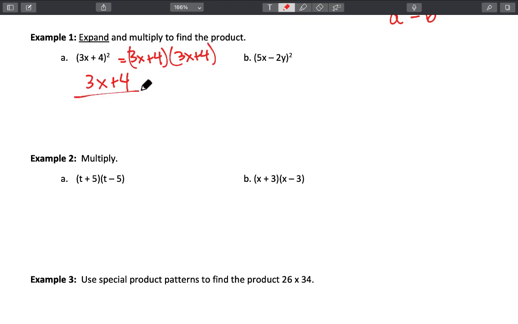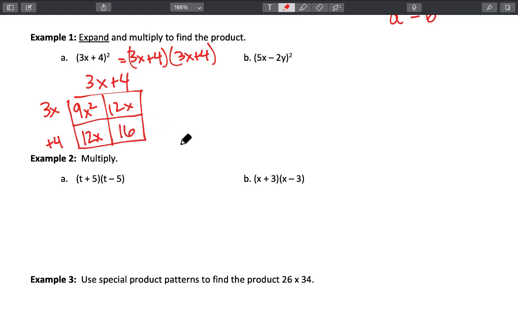Let's set this one up using the box method, just because it's good to get some practice with that method. That results in 3x times 3x, which is 9x squared, 3x times 4, which is 12x, and 3x times another 4, which is 12x again. Then 4 times 4 is a positive 16. So our product is 9x squared plus 24x plus 16.